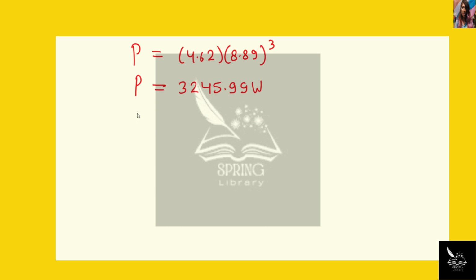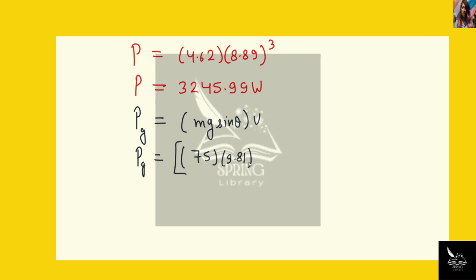Now the power due to the gravitational force is given by P of G equals to m multiplied by g multiplied by sine theta multiplied by v. Now here on substituting the value, we get P of G equals to 75 multiplied by 9.81 multiplied by sine 4 degree multiplied by 8.89.